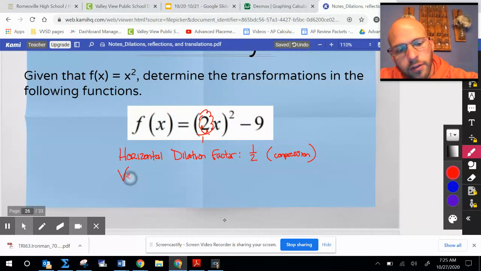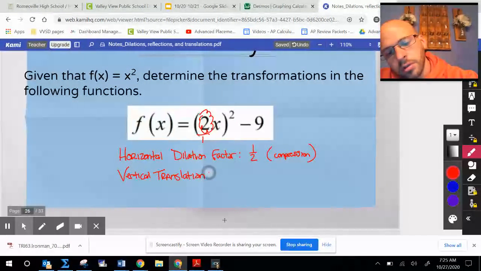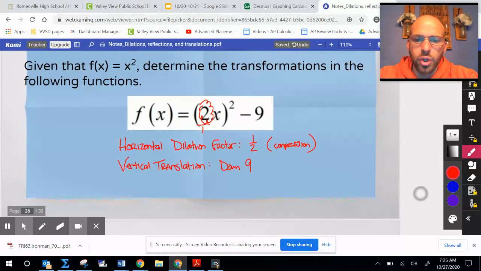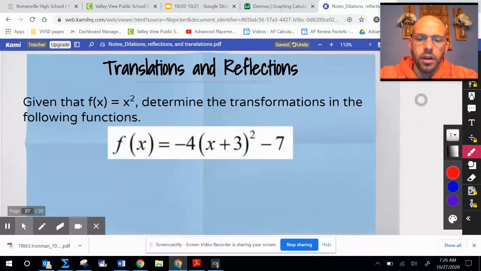I also have a vertical translation down 9 units. Okay, so 2 answers.